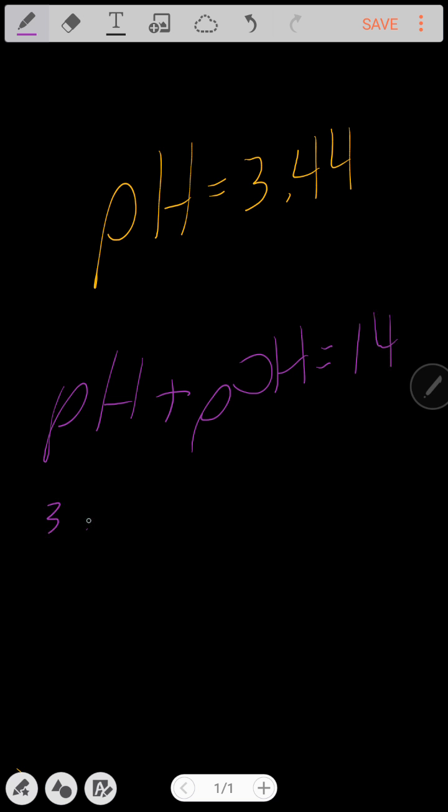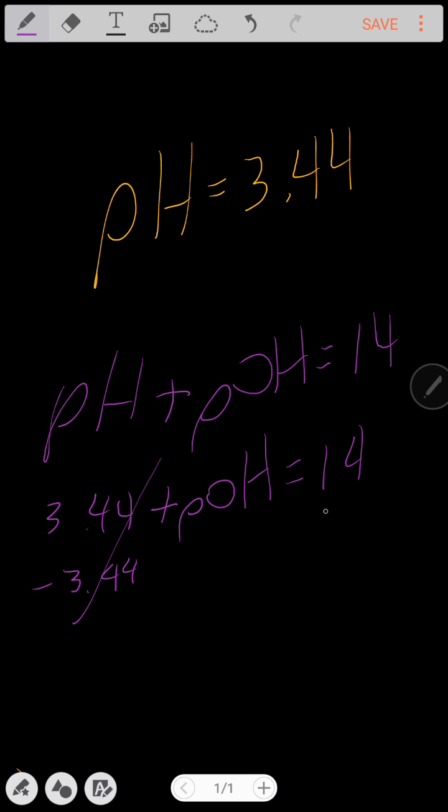So here we have 3.44 plus pOH is equal to 14. I'm going to subtract 3.44 from this side, subtract 3.44 from this side. So pOH is equal to 10.56.